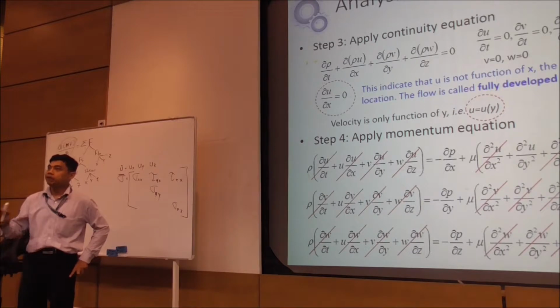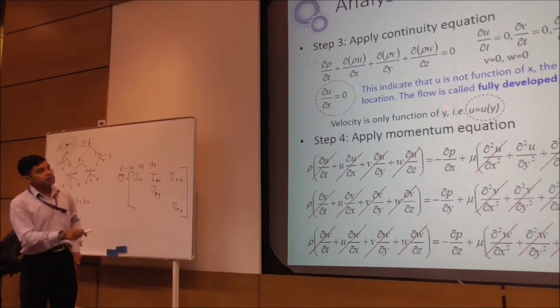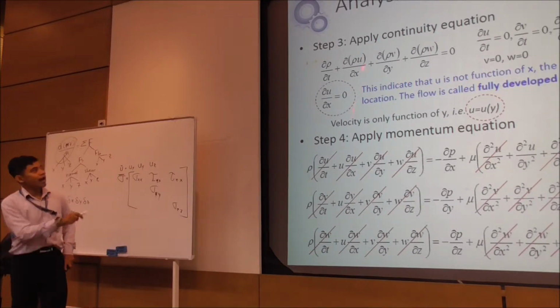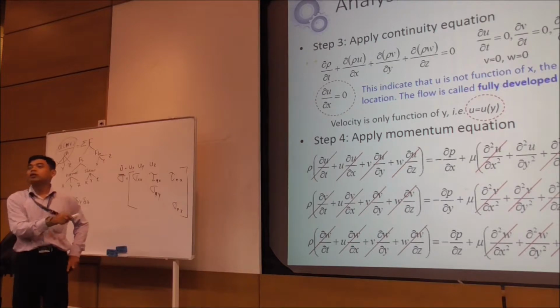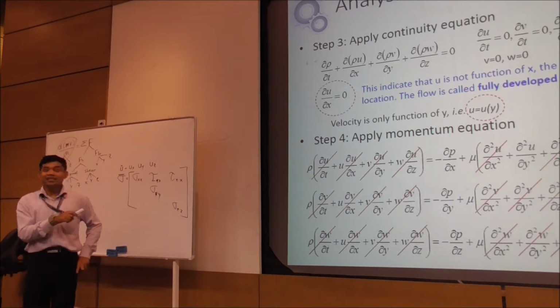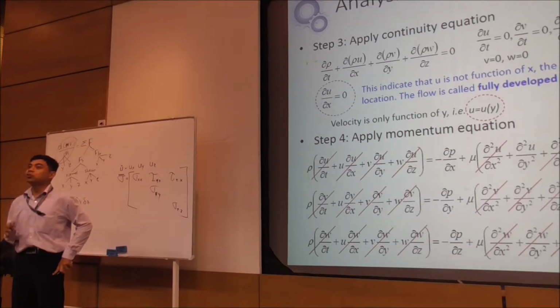So everything involving time has to be 0. Next, you know that v and w are equal to 0. So anything that has v and w will become 0. So you end up having du/dx equal to 0.